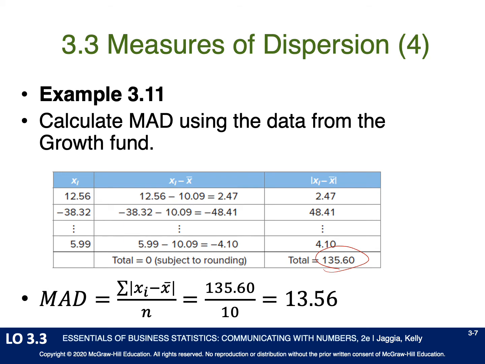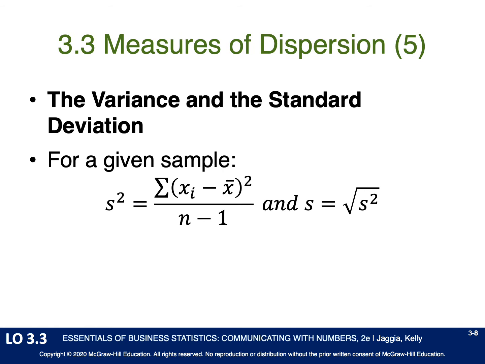So another way that we look at the variance and the dispersion is by calculating the variance and the standard deviation. We're going to calculate these over and over and over throughout the course, so it's important that you get these and understand. The first formula that you see here is calculating the variance.